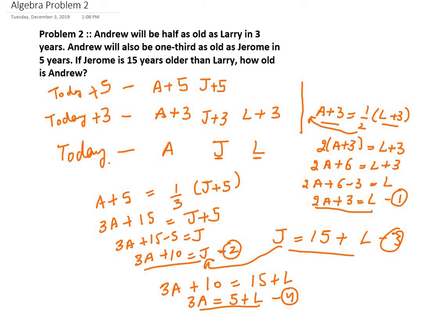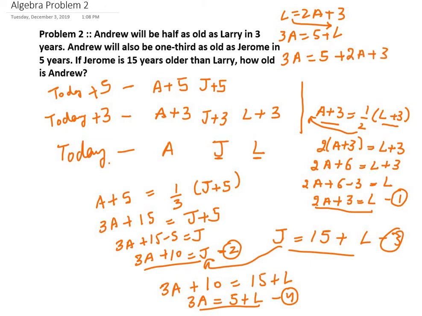From equation 1 we are given that L is equal to 2A plus 3, and from the fourth equation we are given that 3A is equal to 5 plus L. So let's put this value of L over here so that we have a single equation in A only. 3A is equal to 5 plus, what is the value of L from the above equation? 2A plus 3.